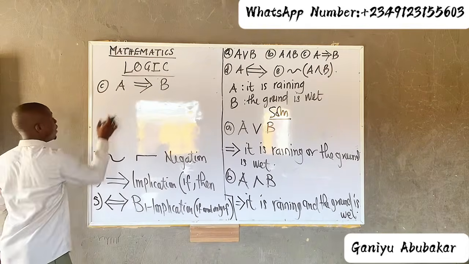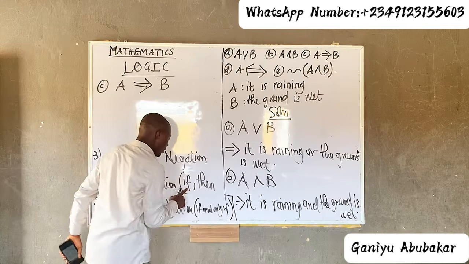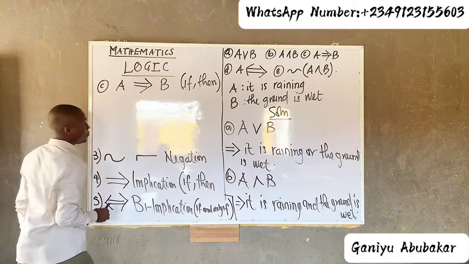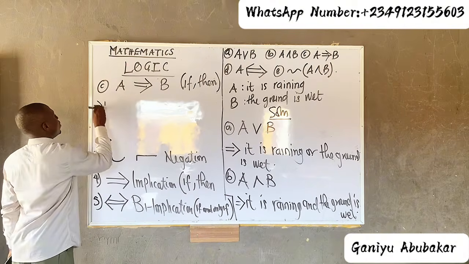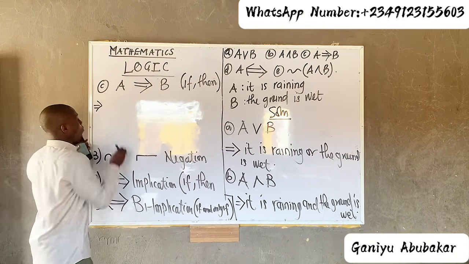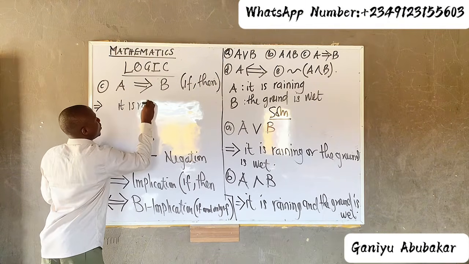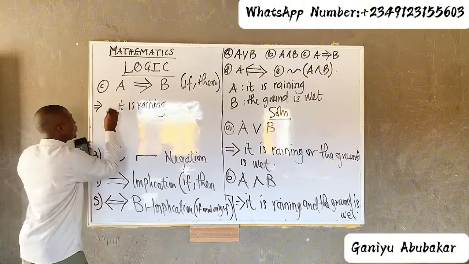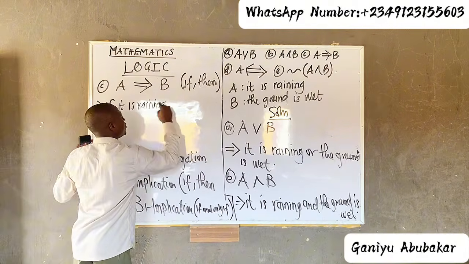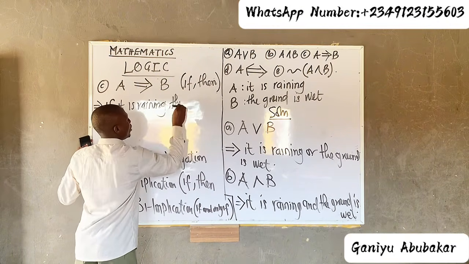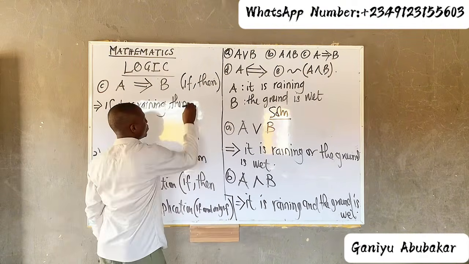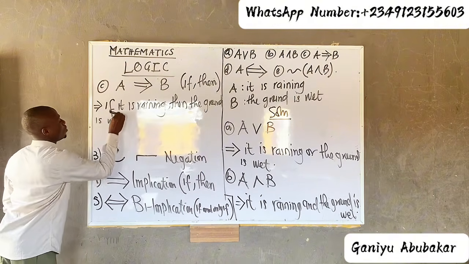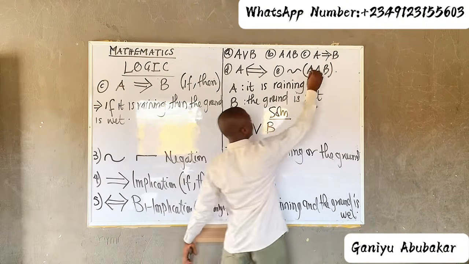A means it is raining, but I start with "if," then say comma, then put "then," and B is the ground is wet. That's the meaning for this one.